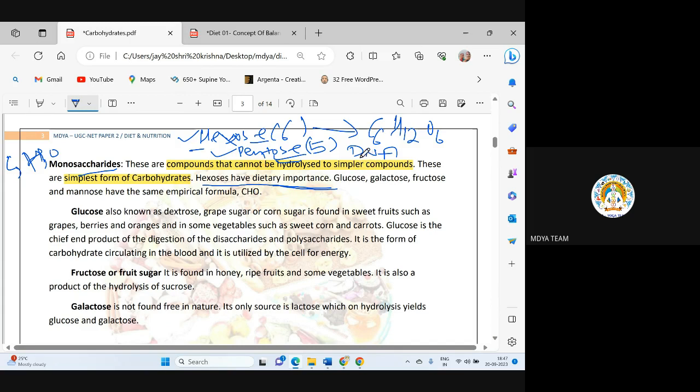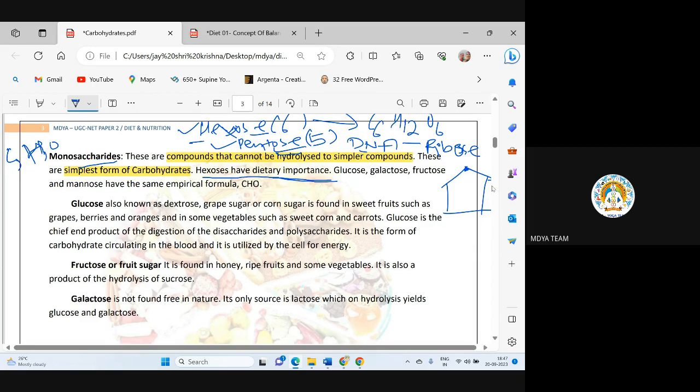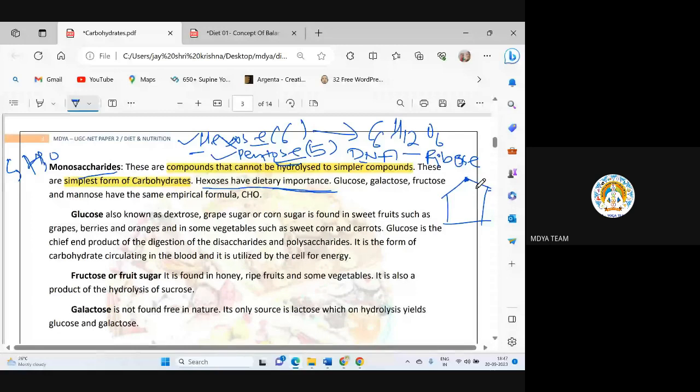In this DNA, ribose sugar is present, and that ribose sugar has 5 carbons. This is the structure of ribose sugar. At each point, a carbon is present, like 1, 2, 3, 4, 5.